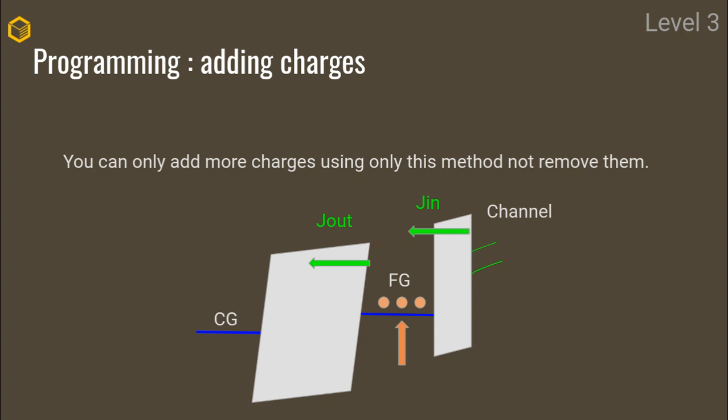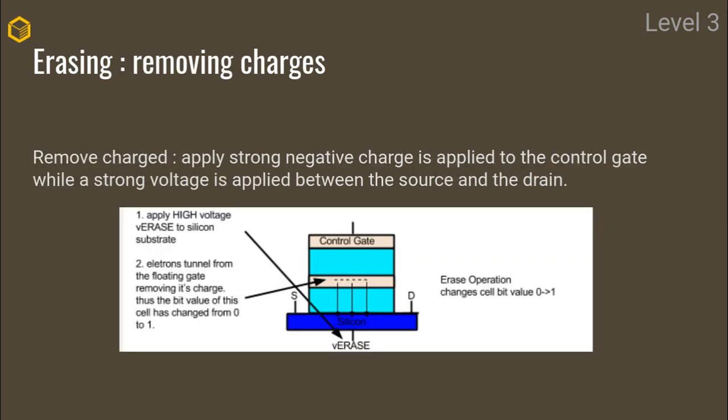Now the problem with this is that you can only add more charge using this method, not remove them. If we want to remove them, we're actually going to have to apply a very strong voltage differential between our source and our drain in order to create a flow, an important flow here. And then we're also going to apply a negative gate voltage here in order to invert the phenomenon we previously saw and to push my electrons out.